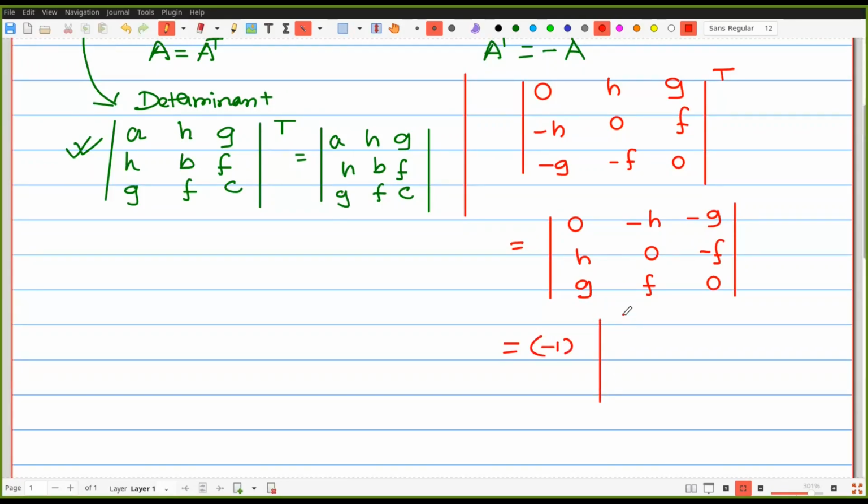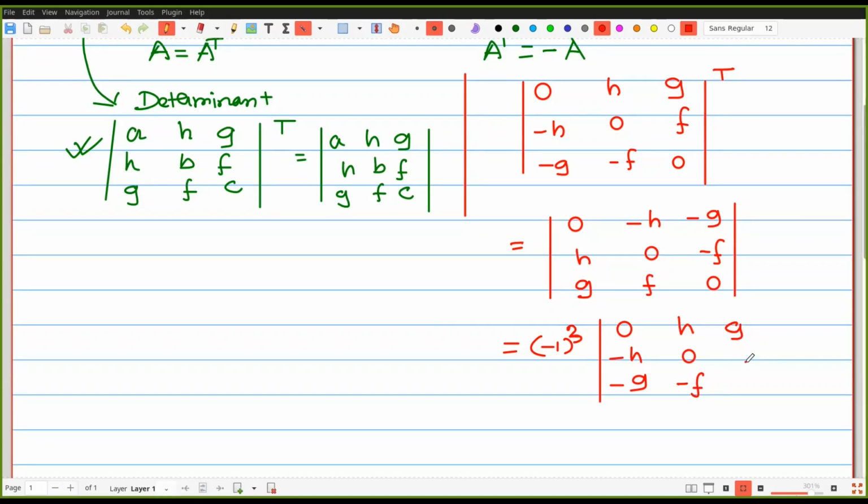So that one, 0, minus H, minus G. From the second column, once again, I am taking minus 1, so that one is becoming a square. So H, 0, minus F. And from the third column, once again, I am taking minus 1 as common.